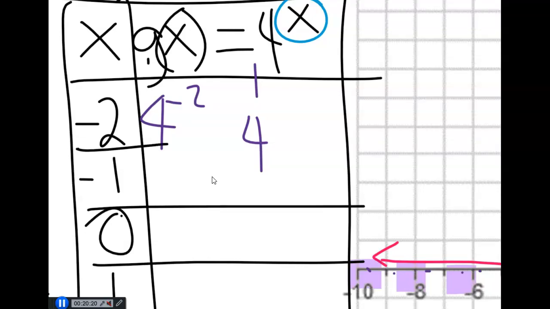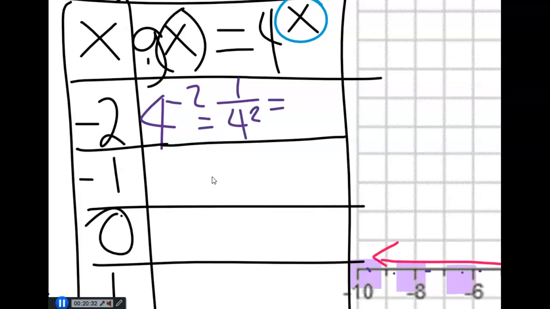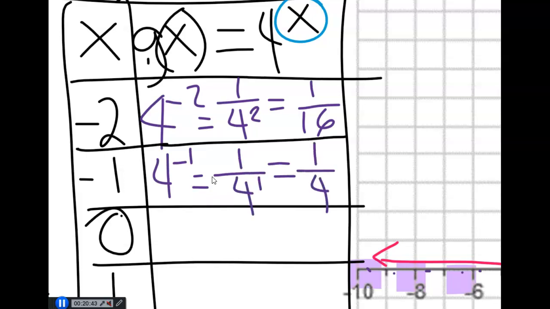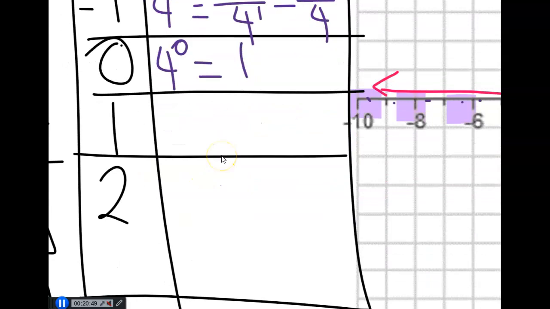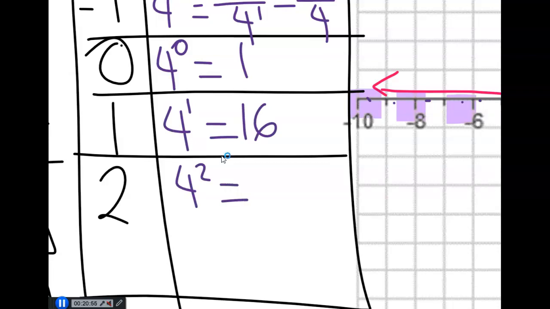Okay, so this was 1 over 4 squared, and that will be 1 over 16. Then 4 to the power negative 1 is equal to 1 over 4 to the power 1, so that was 1/4. Here we have 4 to the power 0, so this is equal to 1. And then we have 4 to the power 1, that is equal to 4. 4 to the power 2, which is, I'm so sorry, this should be 4. 4 squared, it will be 16.